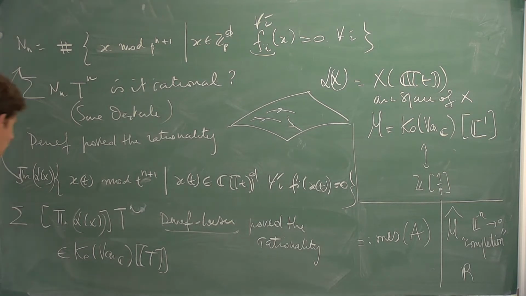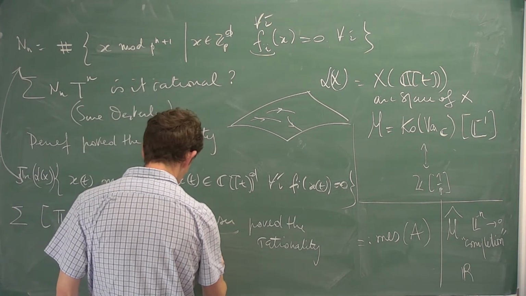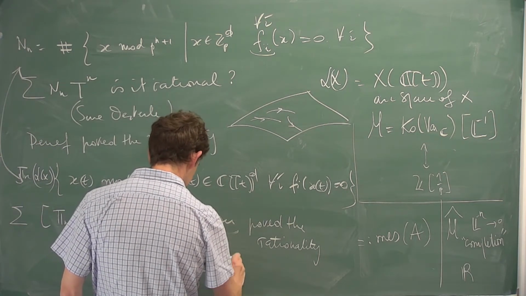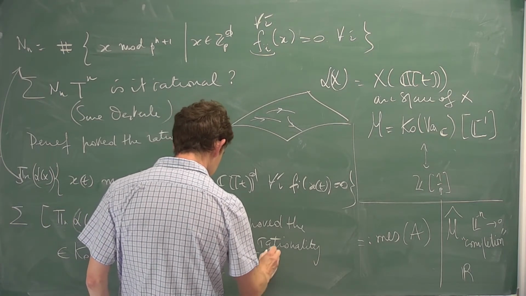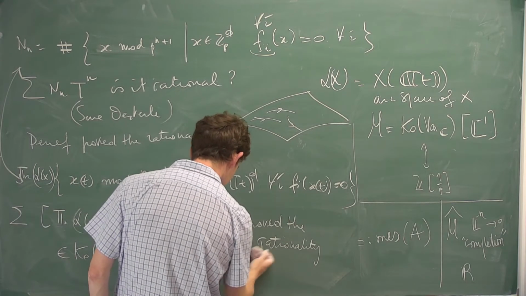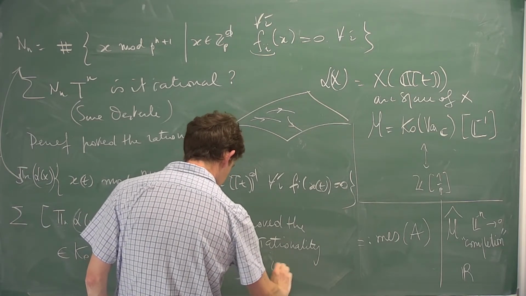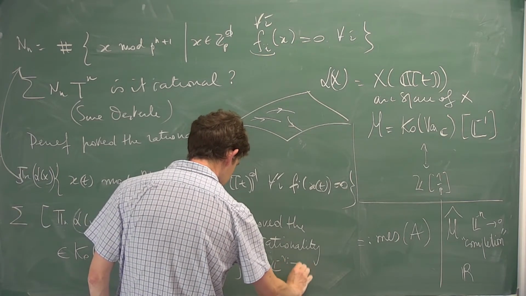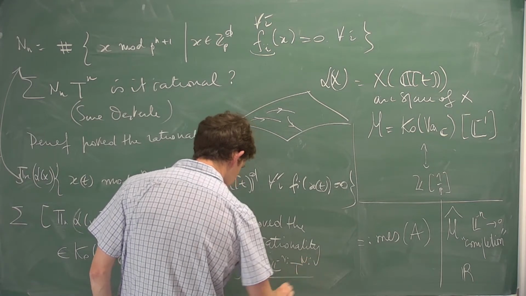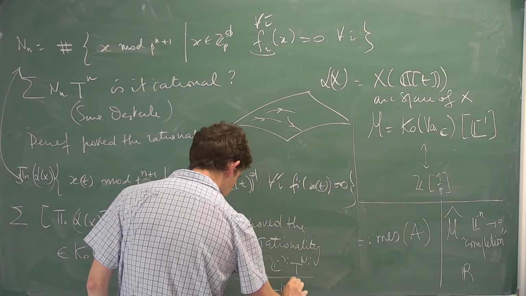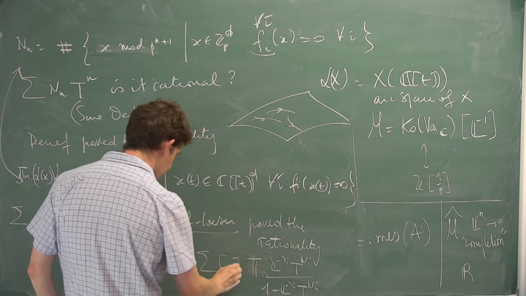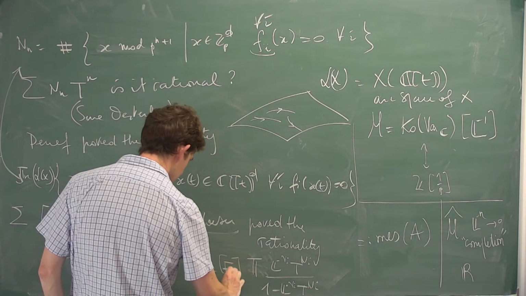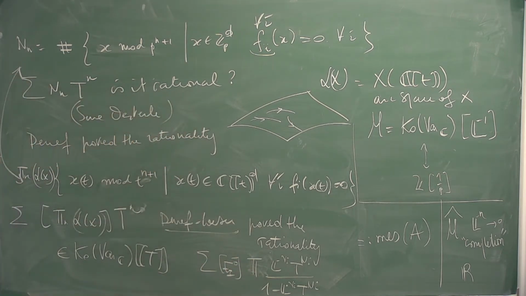I mean that you have an expression like that, a sum of some classes, and you will have the product of (L minus nu_i) T to the power n_i divided by 1 minus something, and here you have a class of something, for instance. Okay.